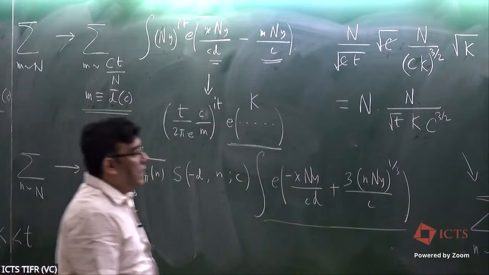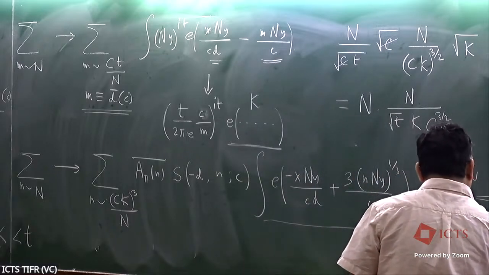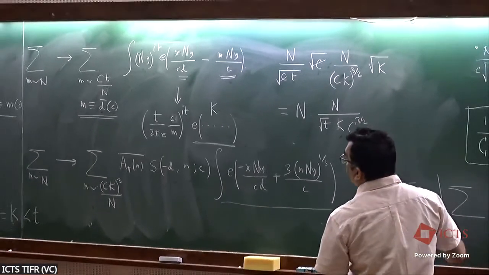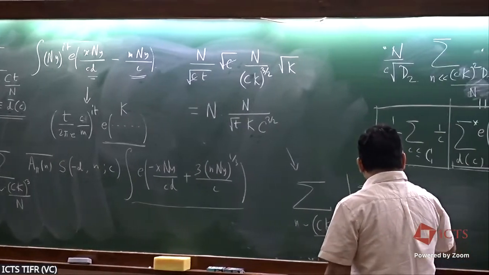That is this, CK cubed by N. And then inside, I'll put the C sum, and I'll put the M sum.